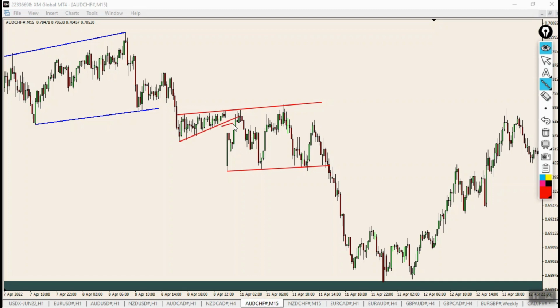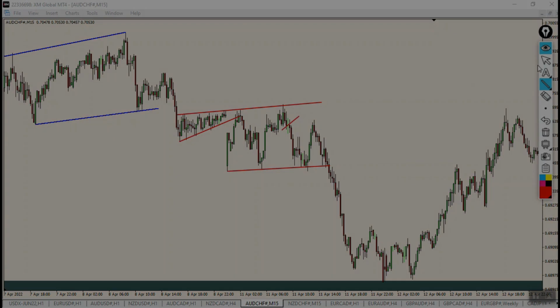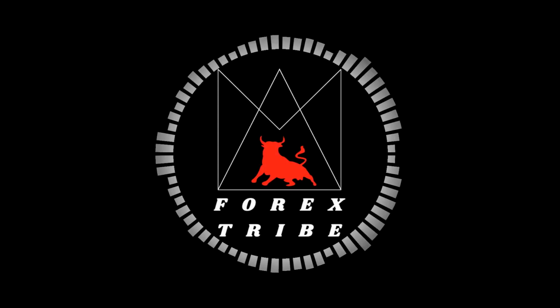But this first touch, second touch, third touch, you enter here, there's absolutely nothing wrong, right? So that's the difference in approach when it comes to high risk entries and low risk entries.